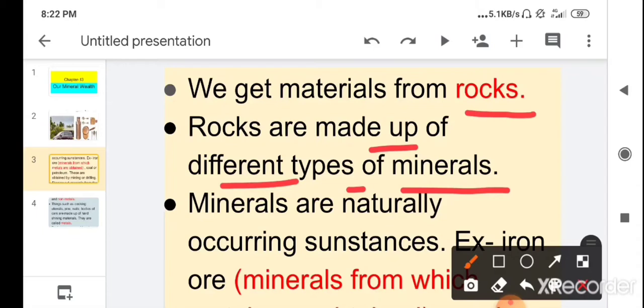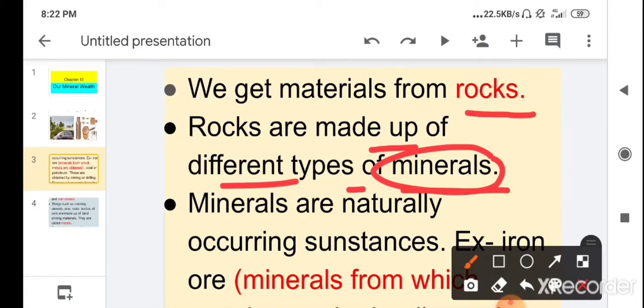And rocks are made up of different types of minerals. So materials come from rocks, and rocks are made up of minerals.